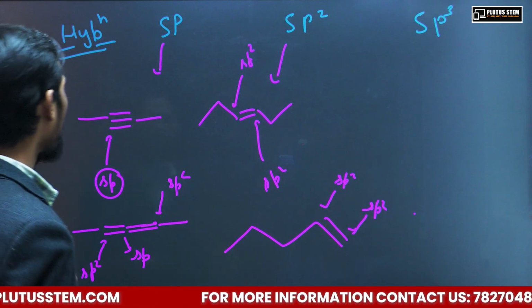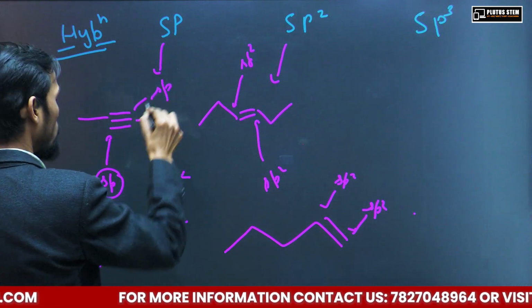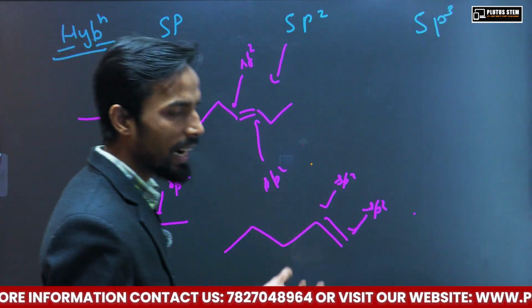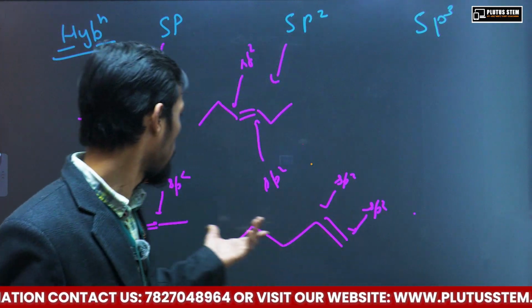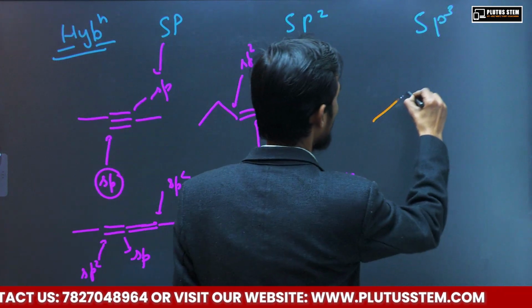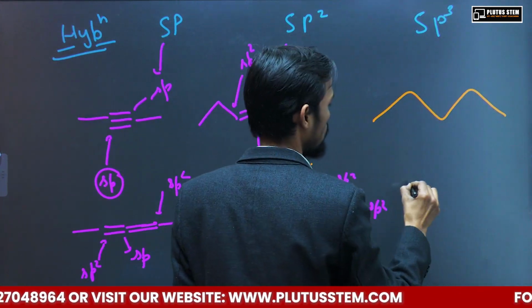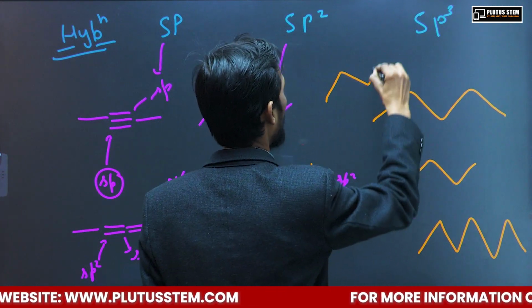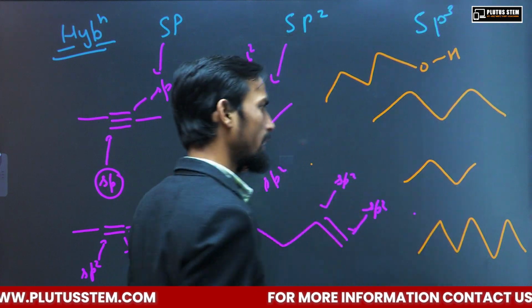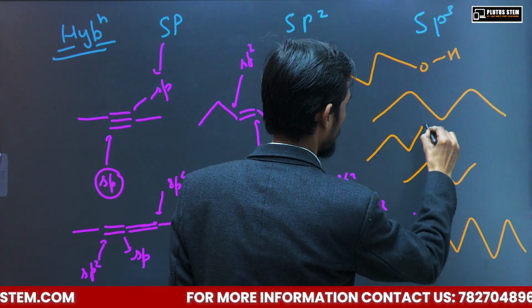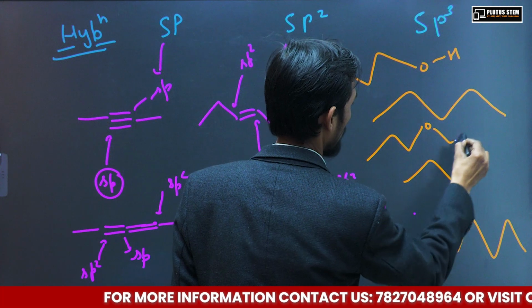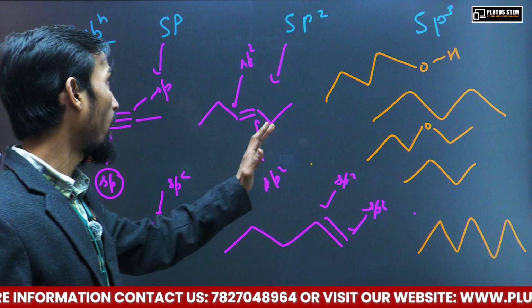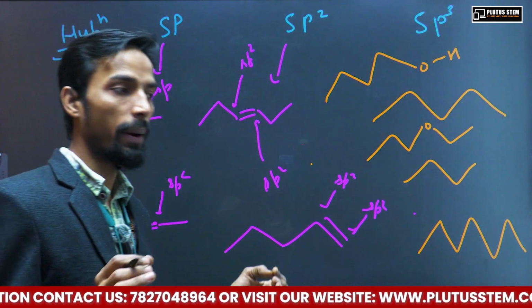So this is another way how we can classify these organic compounds. And regarding sp3, all the other atoms are sp3 only. In this, all the atoms are sp3 hybridized. Like this, any atom we can take over here. So this is the way how we can classify these organic compounds on the basis of hybridization.